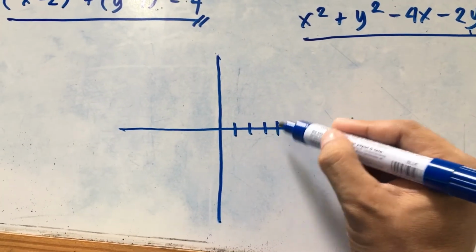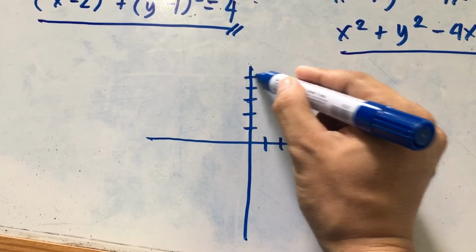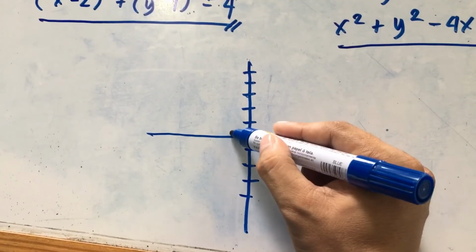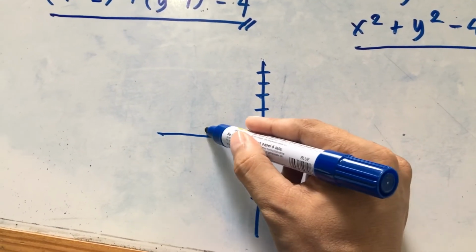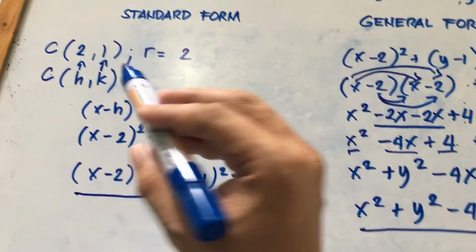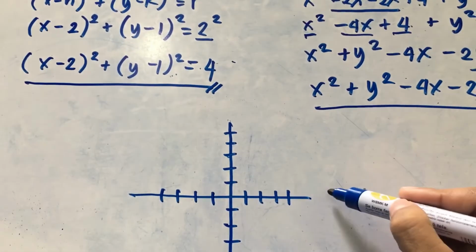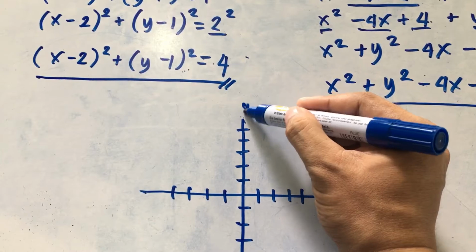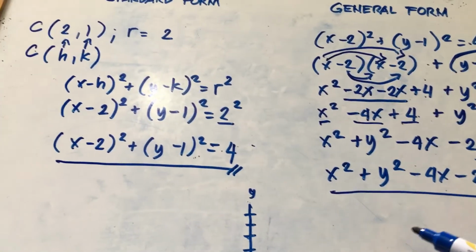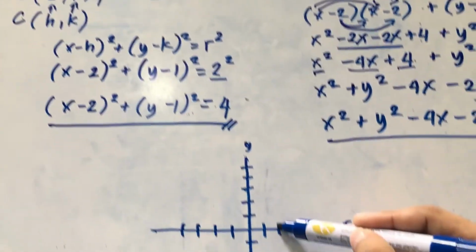So, it's just an estimate, no? Because our Cartesian coordinate plane is not perfect. It's just an estimate, okay. Now, if your center is 2, 1, the 2 is for the x variables and the 1 is the y value of your Cartesian coordinate plane. So 2, 1, your x is 2 and your y is 1.